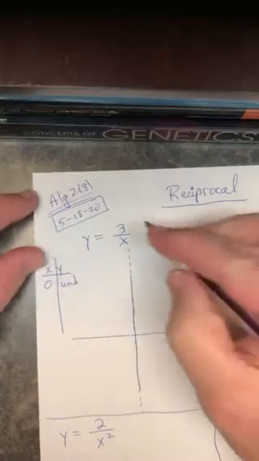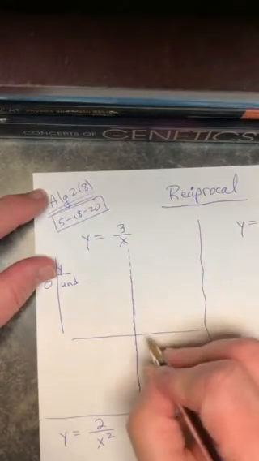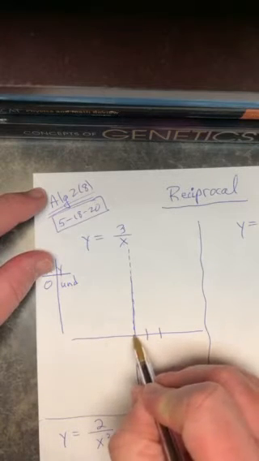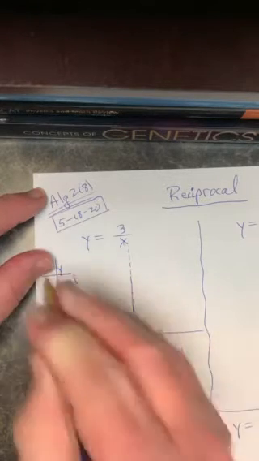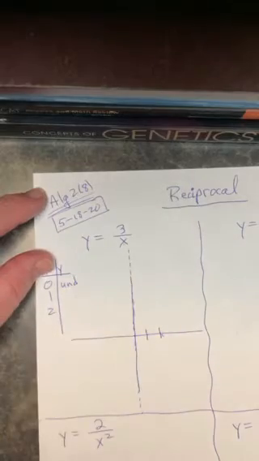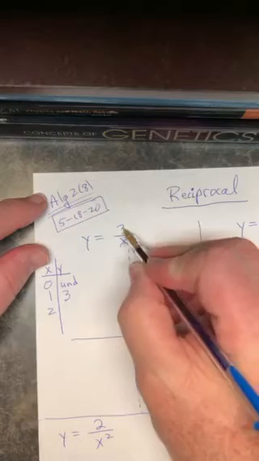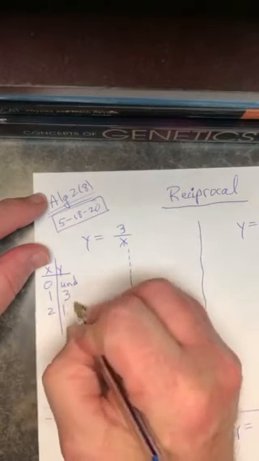So the procedure is once you've located that asymptote, and I know we've done this before, so let's go quick here. Pick 2 numbers to the right. I'll go 1 and 2. So I'm going to plug in 1 and 2. Obviously, 3 over 1 is 3, and 3 over 2 is 1.5, right?